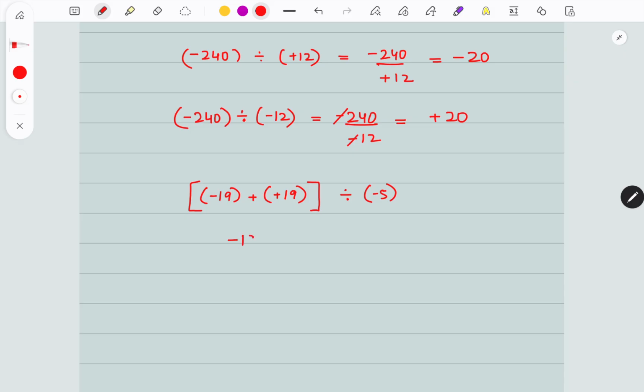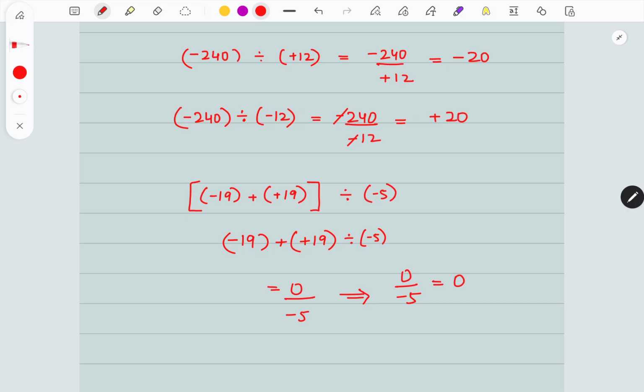It gives us minus 19 plus 19, which is equal to 0. So now we have to divide 0 by minus 5. So what do we get? We get 0. So we can just complete it here. So 0 divided by minus 5 gives us 0.